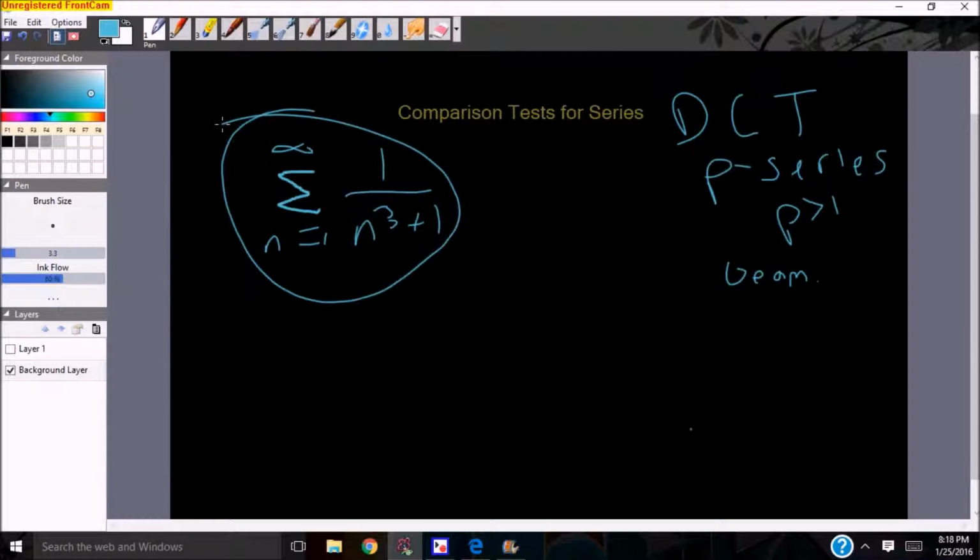And I could tell you right now something about this series, 1 over n cubed. Because that is a p-series where my p is greater than 1. So hopefully you can remember that that means that this series converges.